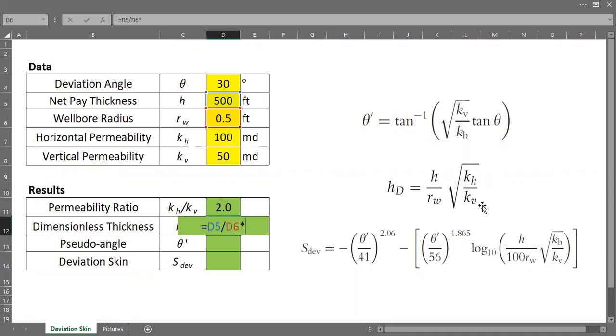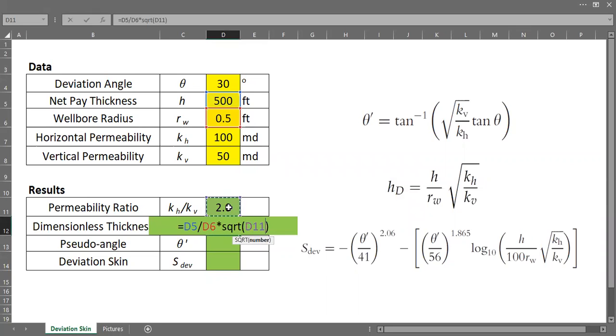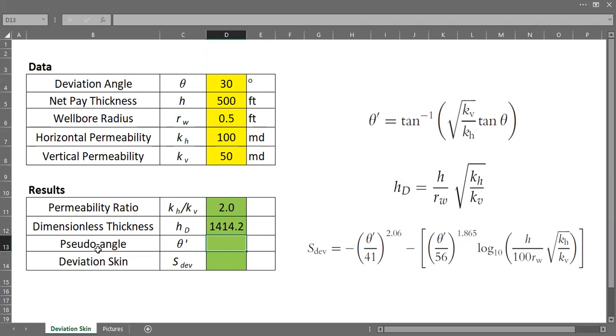So in Excel, I will type SQRT, open parenthesis, and the number will be 2 here. Okay, so the dimensionless thickness is 1414.